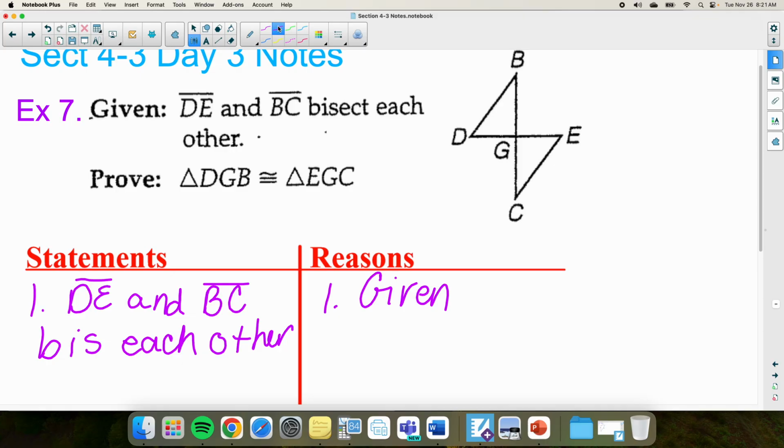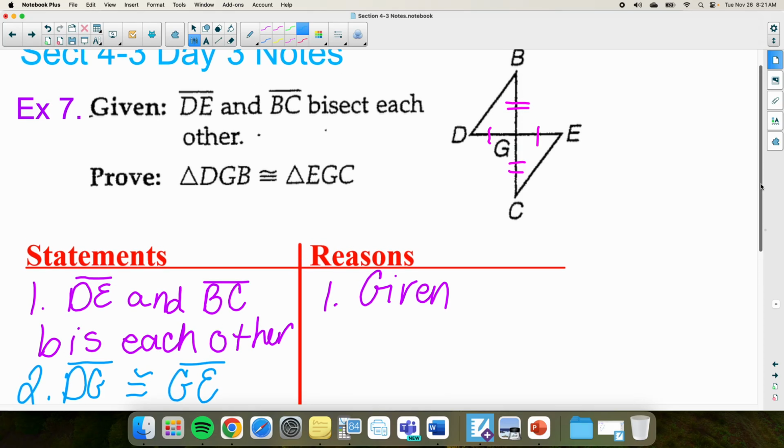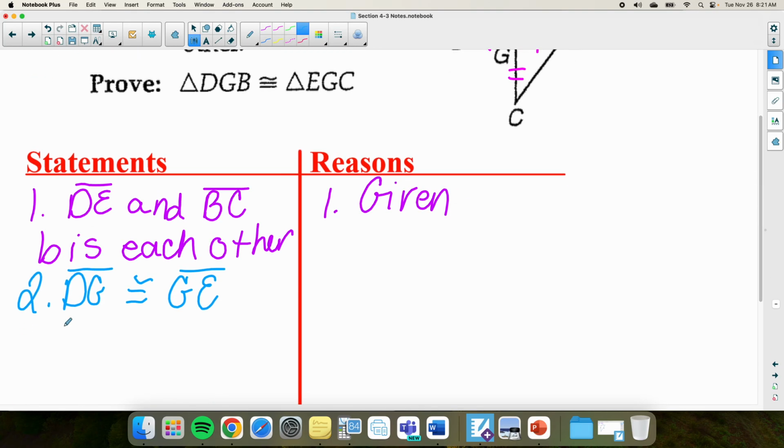So what you could say there then is that this side is congruent to that, as well as BG is congruent to GC, because they cut each other in half. So we would go down and we would say DG is congruent to GE, as well as BG is congruent to GC.